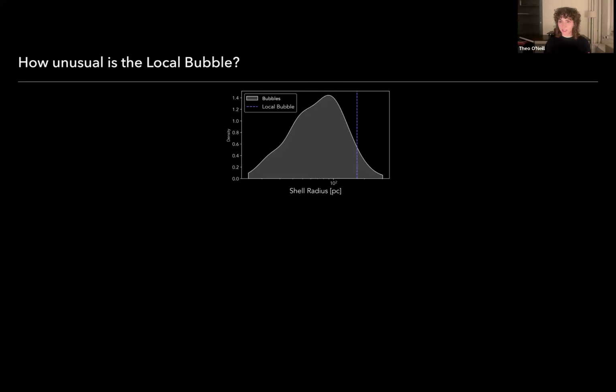So the radius of a bubble in this space is shown on the x-axis, and this is basically like a histogram. And then the vertical purple line here is showing what the radius of our own local bubble is in this parameter space. So we can see our own local bubble is slightly larger than the average bubble, but it's still well within the norms of this population.